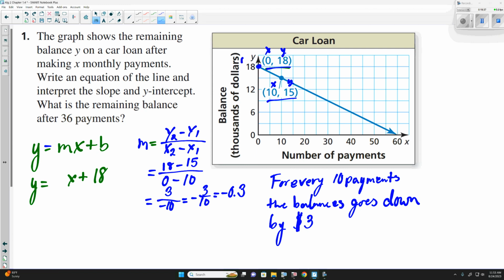Because what is it, the balance in? Balance is in 1,000. So it's not, for every 10 payments, it's not going down just 3. It's going by 3,000. It's decreasing 3,000. But every month, is 0.3, so 0.3000 would actually be 300.